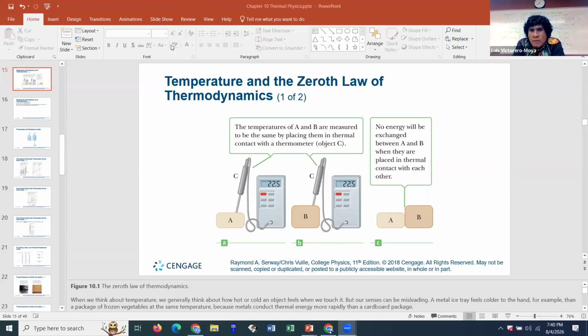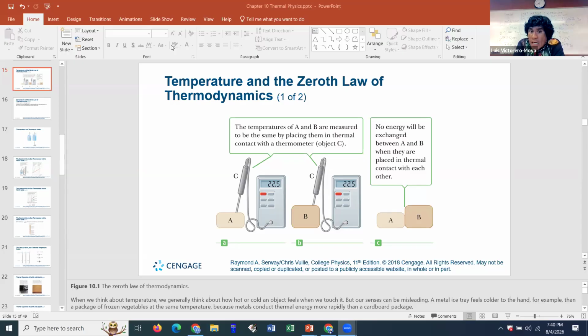So you have a thermometer there, right? The temperatures of A and B are measured to be the same by placing them in thermal contact with thermometer object C. We call that the temperature of equilibrium. So C and A are in equilibrium, and they both are at a temperature of 22.5. Let's suppose that's Celsius.